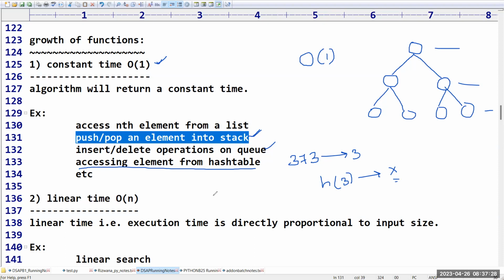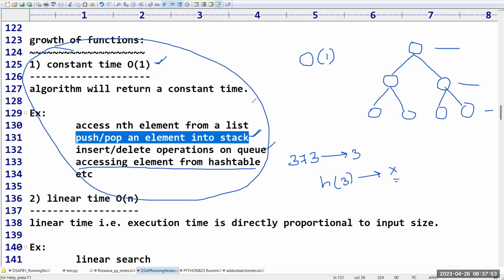Even in the hash table, accessing data takes constant time. That's why, when compared with other searching algorithms, hash table search is very efficient, because it takes constant time. Of course, it depends on the number of records also, but that doesn't matter, we will see later. So this is about constant time.